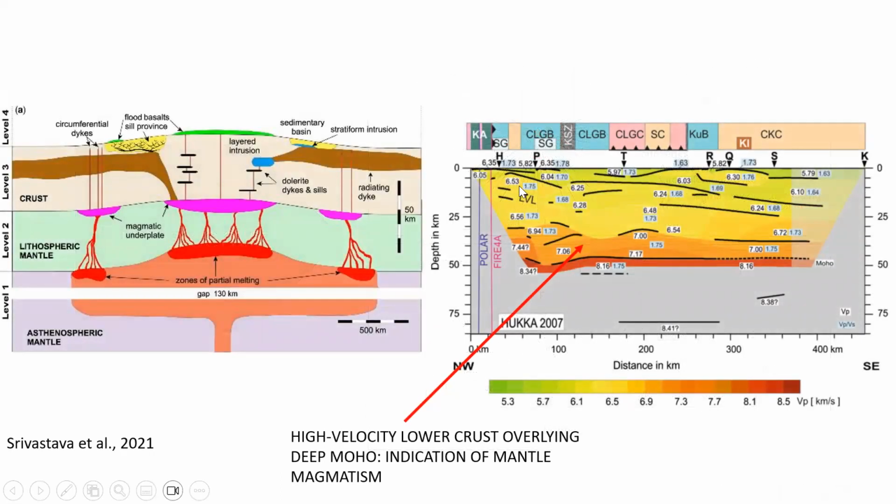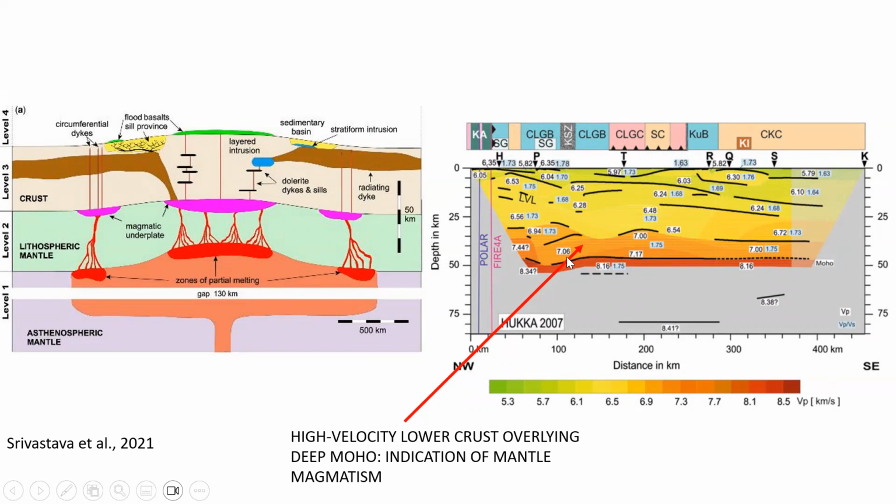Another thing about the MOHO that we have used was supported by Catherine Booth's numerical modeling. They identified that the magma on its way up forms these plumes of magma. And we see evidence of that in northern Finland from tomography surveys. We have what the geophysicists call high velocity lava crusts. So they are mafic bodies deep around the MOHO boundary.